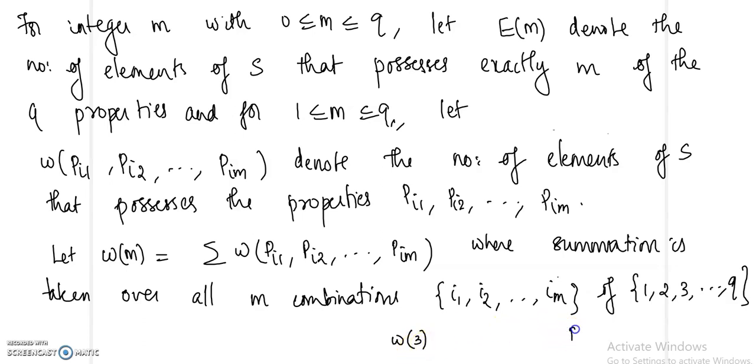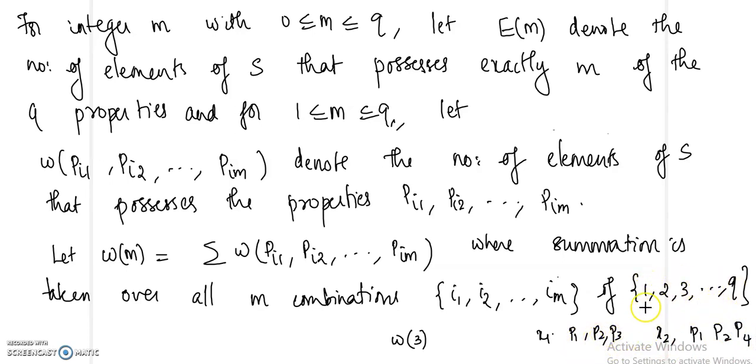So the element x1 can satisfy the properties P1, P2, P3. Similarly x2 can satisfy the properties P1, P2, P4. So here you have all the three combinations.